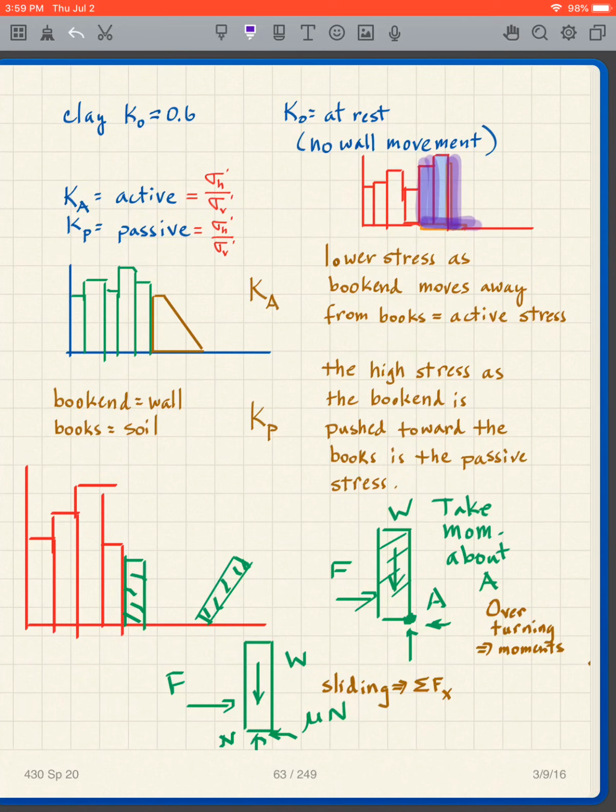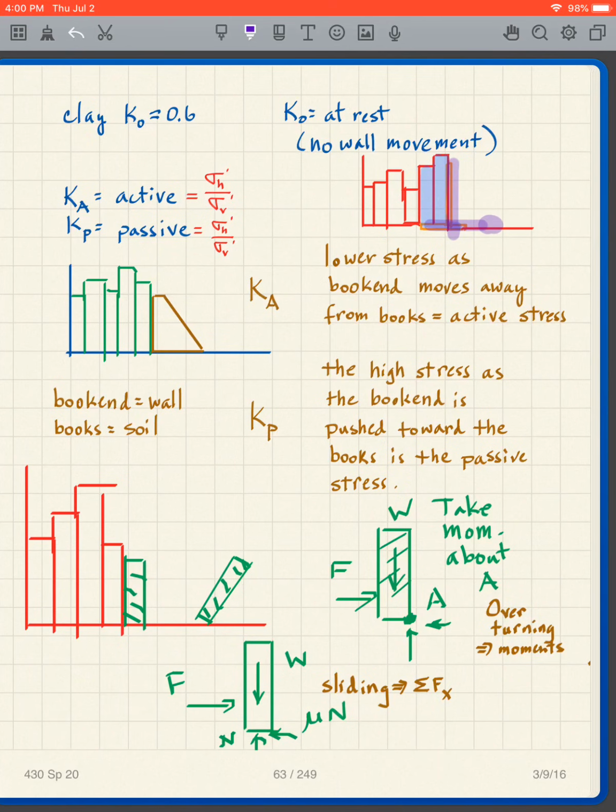And if you notice, these bookends are not shaped like a backward L. They always have an extended base. Why do they have that?